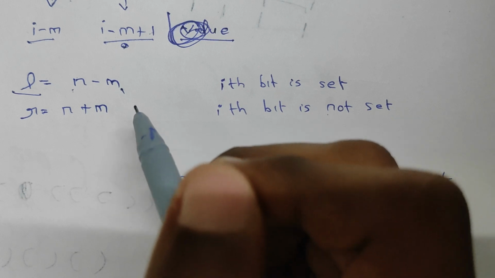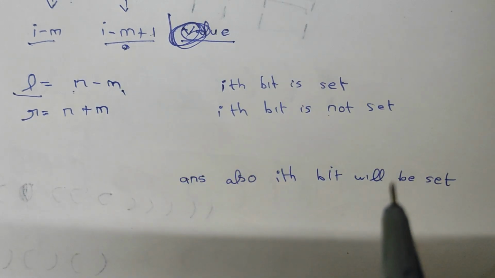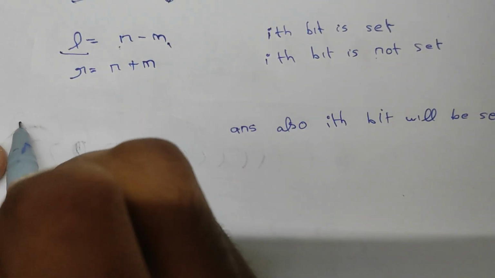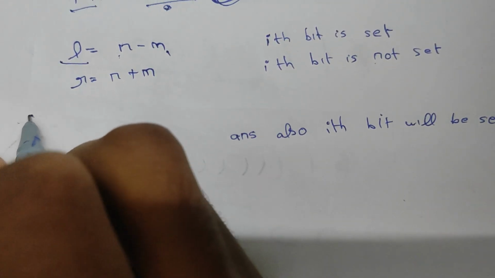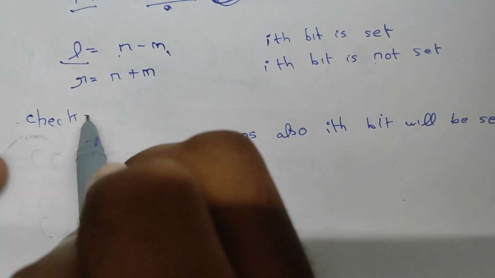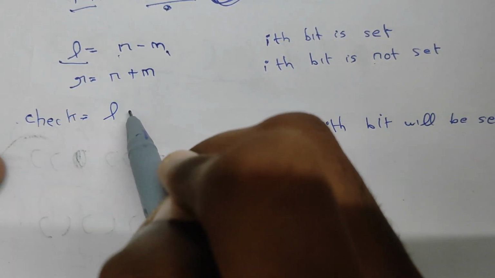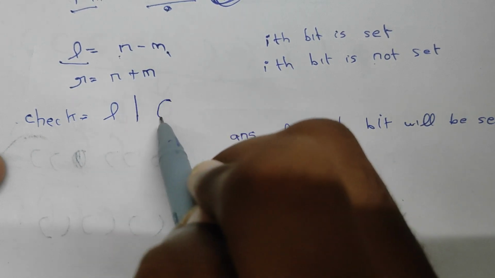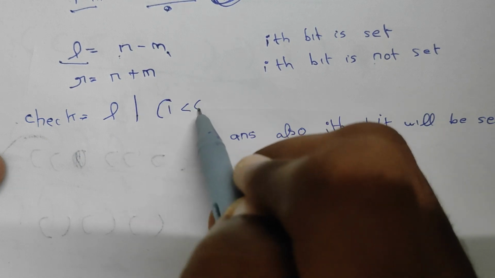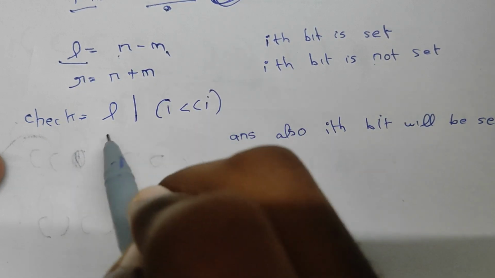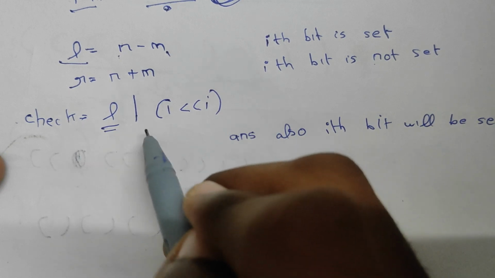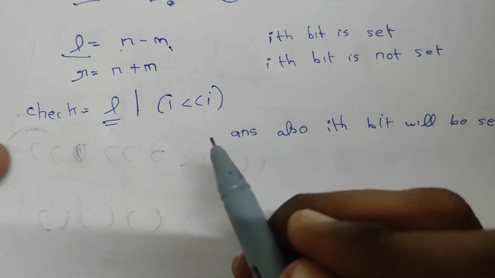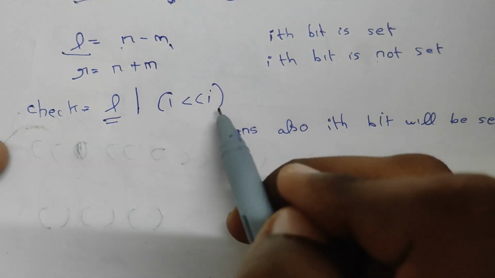Now to effectively compute that, I am going to create a temporary variable, say check, and set the ith bit of L. This is the operation for setting the ith bit. Initially the ith bit is not set for L, so now I set it, and that value will be check.